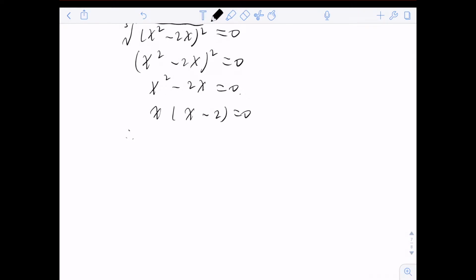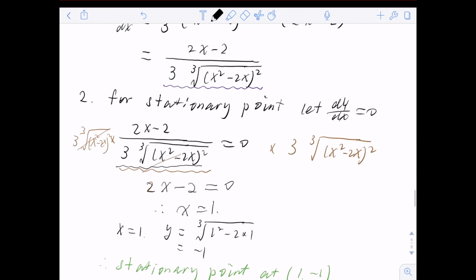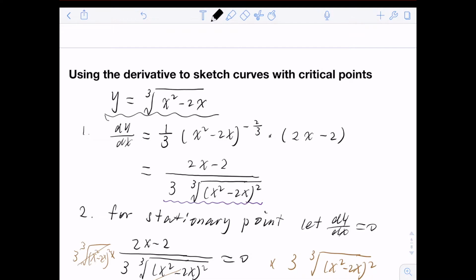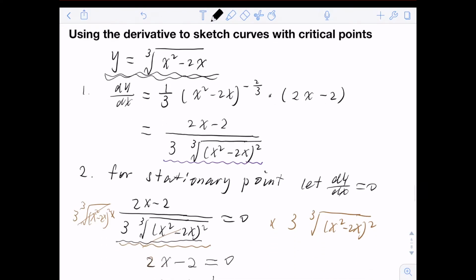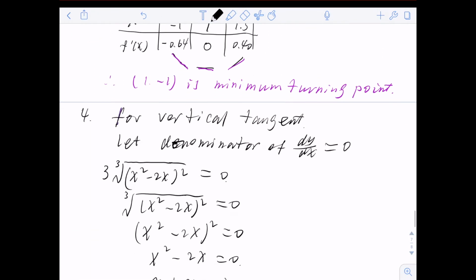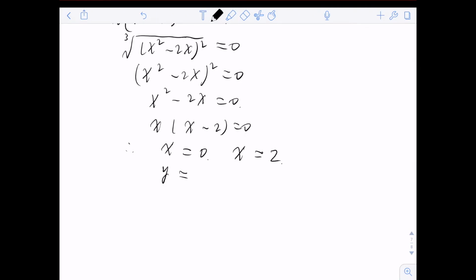Finally, therefore, I actually have 2 points which give us a vertical tangent, where x equals 0 and x equals 2. And again, I have to sub back into my original equation, which is y equals the cubic root of x squared minus 2x. Subbing x equal to 0 gives me y equal to 0, and subbing x equal to 2 gives me y equal to 0 as well.